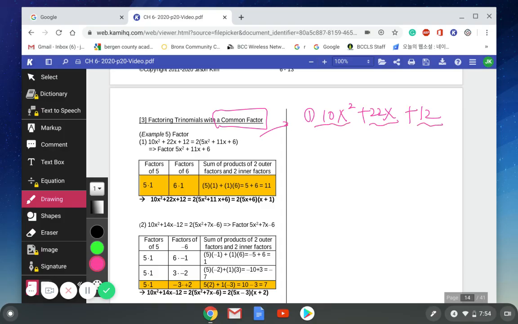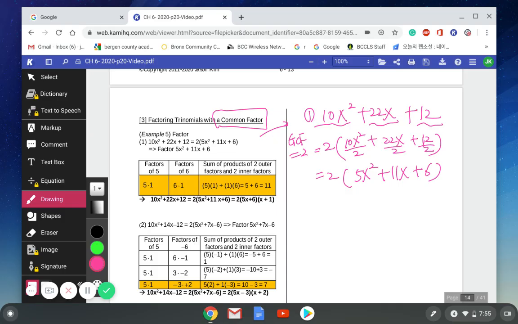So the greatest common factor for all these 3 terms was 2. So you take a 2 out, 10x squared plus 22x plus 12, and divide inside of the parentheses each one by the GCF. So that becomes 2 with 5x squared plus 11x plus 6.